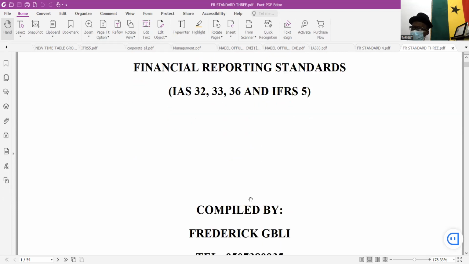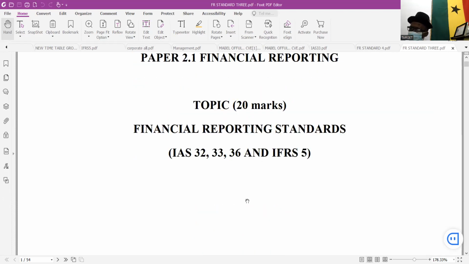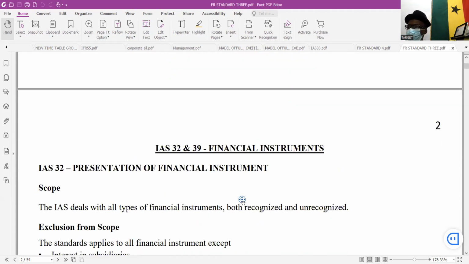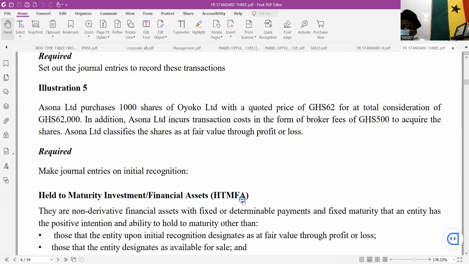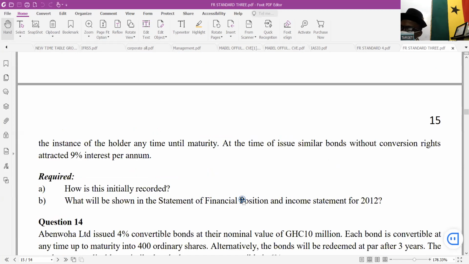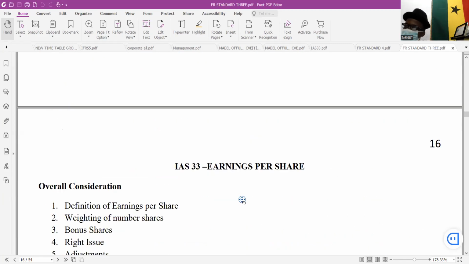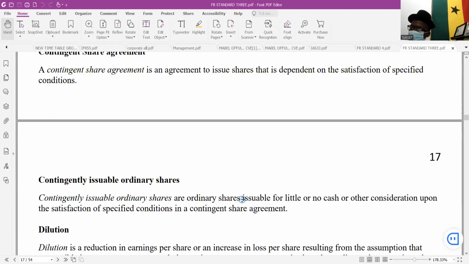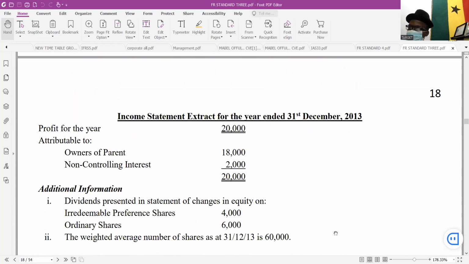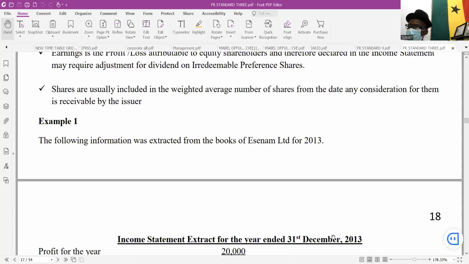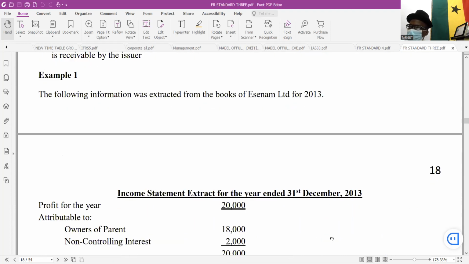This one contains IAS 32, 33, 36, and IFRS 5. All these are in one package. Let me go to IAS 33. I have a very nice question in here for you: earnings per share. My first illustration looks super. We are going to solve this one before I continue.